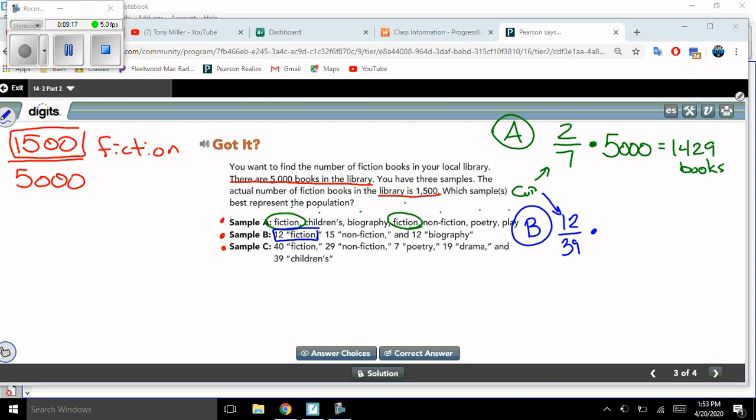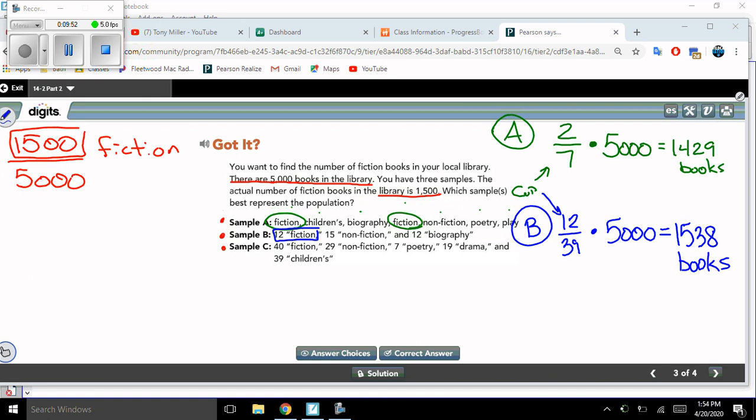Once again, I'm going to multiply that by 5,000 total books. Now some of you might realize that 12 over 39 could actually simplify. You are welcome to do that. I think in some cases that might be more of a hassle than if you just left it alone. Looks like I'm coming up with about 1,538 books on that one.